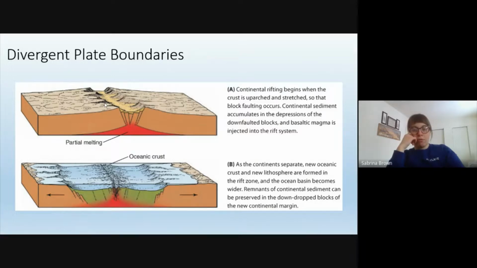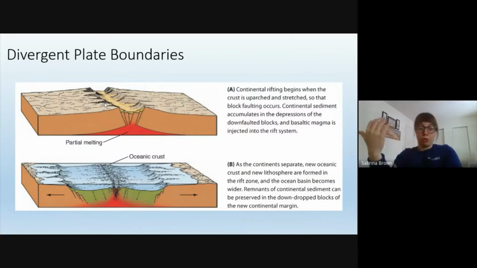And so when we have continental rifting happen long enough, we sort of make a weak part in the crust that then can be upwelled by magma. As soon as we start to get creation of basaltic magma, then we start to form an ocean floor.